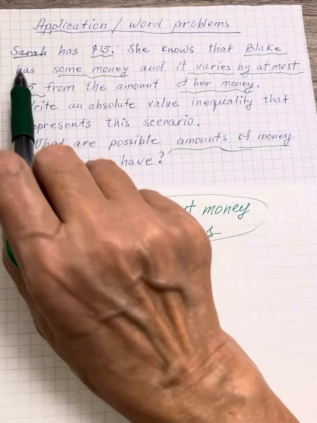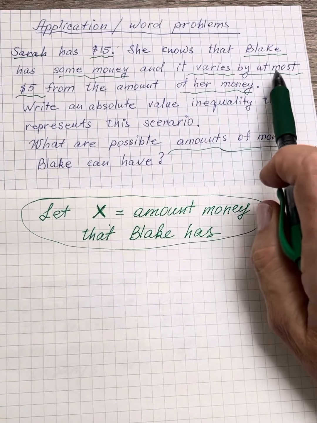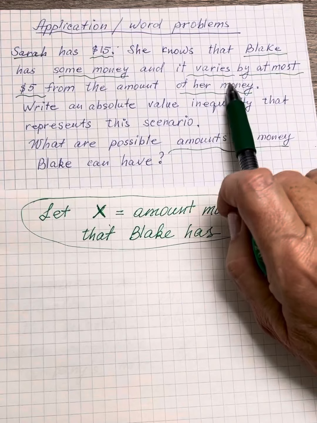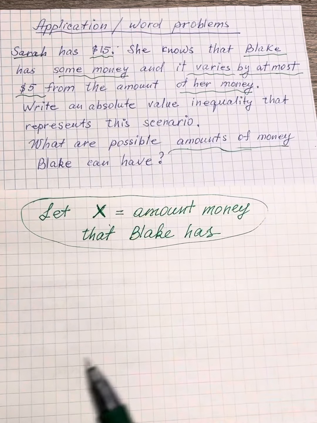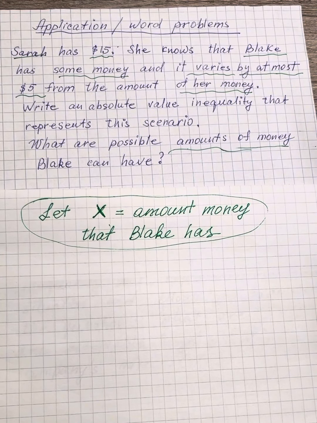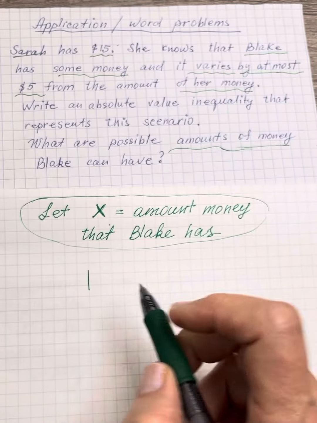Well, what Sarah has $15, and whatever the amount money Blake has, it varies at most. So what is the word at most? Which means it's less or equal, right? It can be $5 or less. In this case, we can write down the equation.